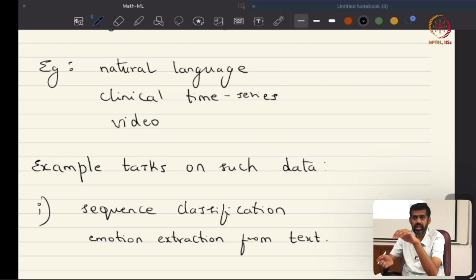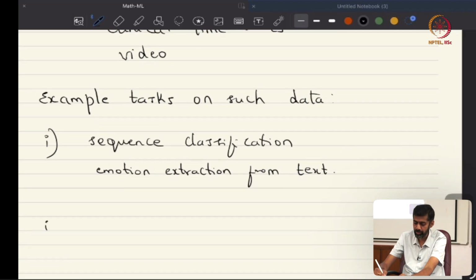So given a paragraph, you tell me whether this paragraph denotes a happy expression or a sad expression or something, right. So this is a K class classification problem, and the data that you have are sequences. Does it make sense? Right. So this is one way to look at one possible task.